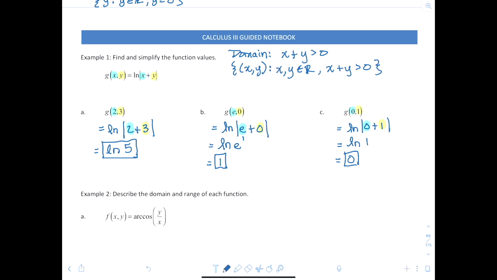What about our range? What would have to be true? If that sum, x plus y, has to be greater than 0, what would be true for our output?